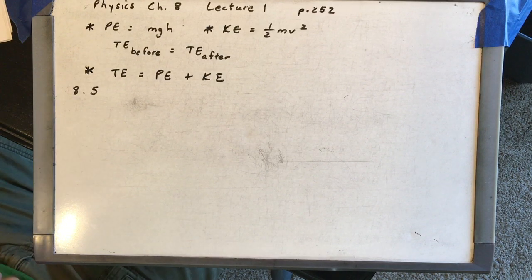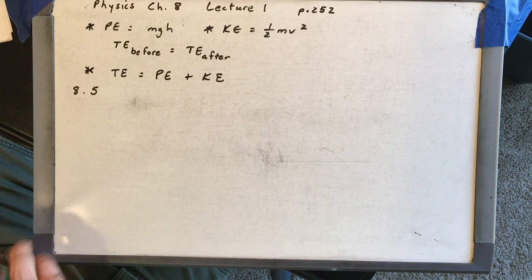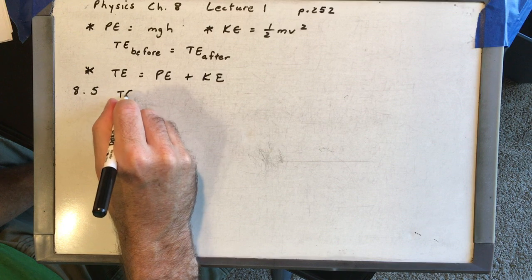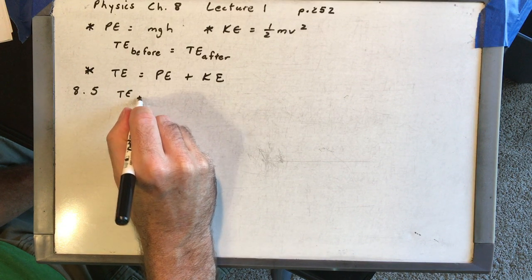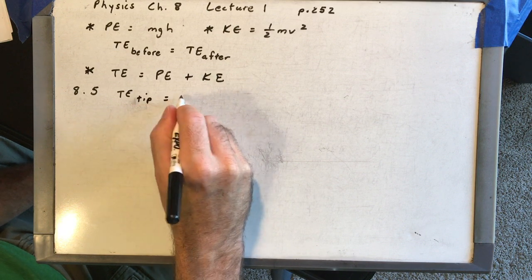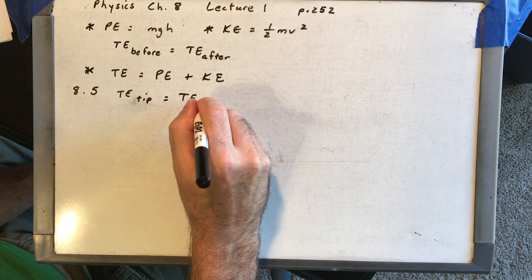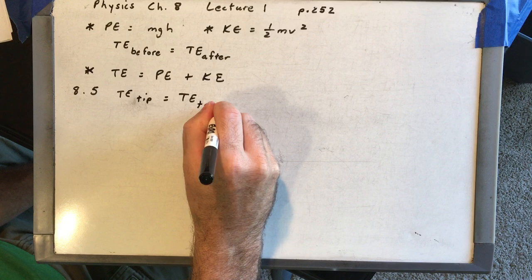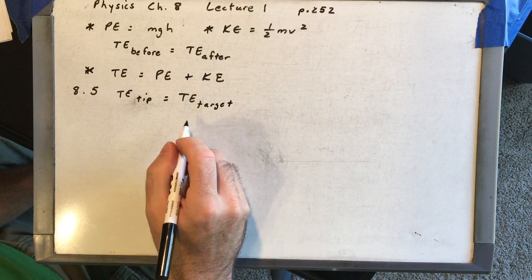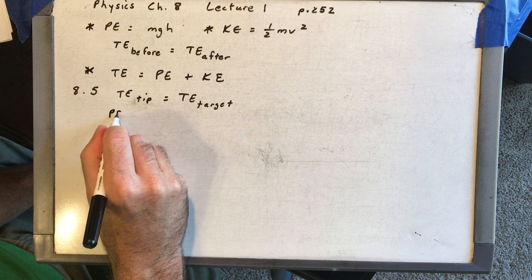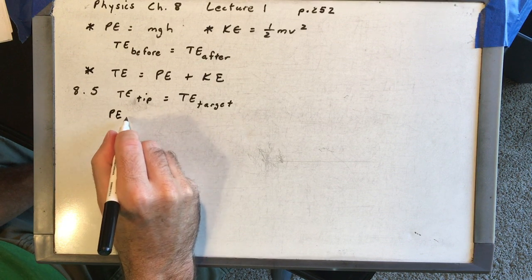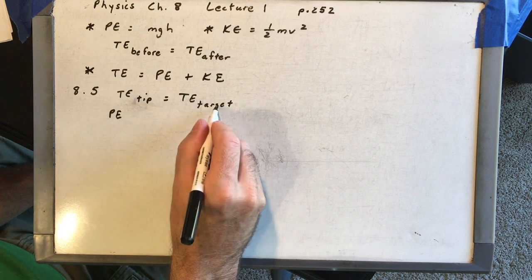Okay, so we would have the total energy at the tip of the barrel, and that has to equal the total energy at the target. We'll call them 1 and 2.